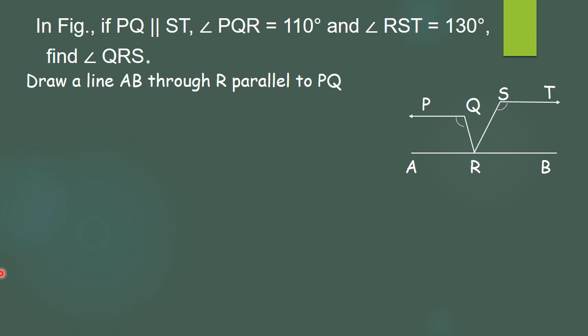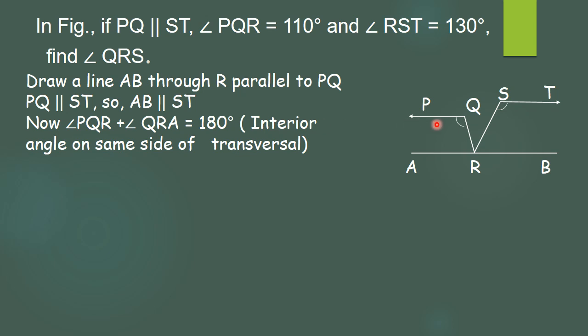But PQ is parallel to ST. So naturally AB will also be parallel to ST. So what we can say is that PQ is parallel to ST is parallel to AB. All these three lines are parallel.